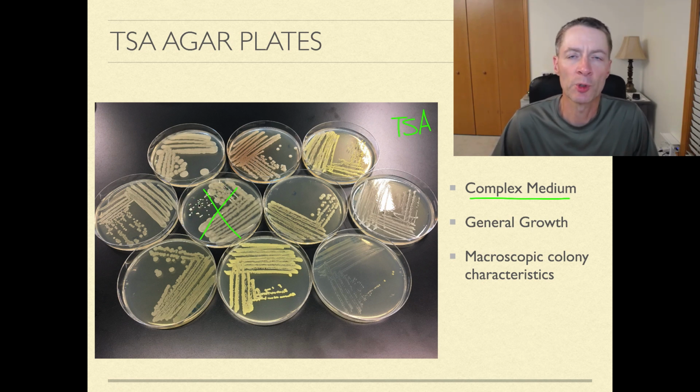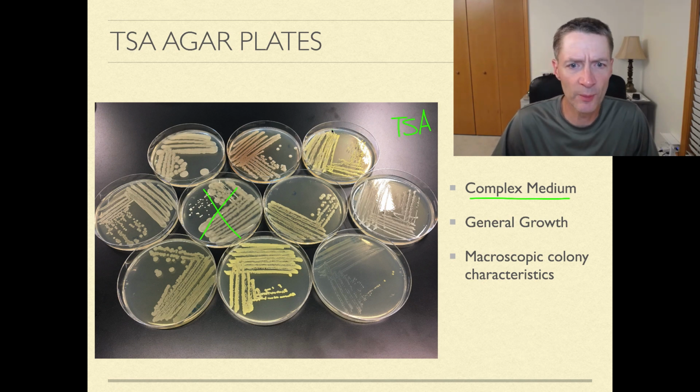We want a pure culture before we go on and look at their metabolic abilities, because if we're not careful about picking an individual colony, and maybe pick up two of these species, we won't know which one actually is responsible for that biochemical characteristic, for that metabolic ability, right?